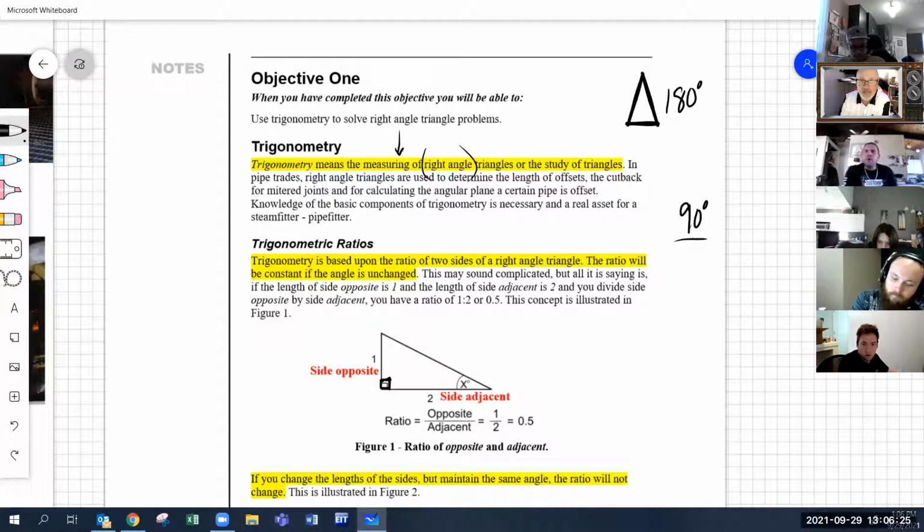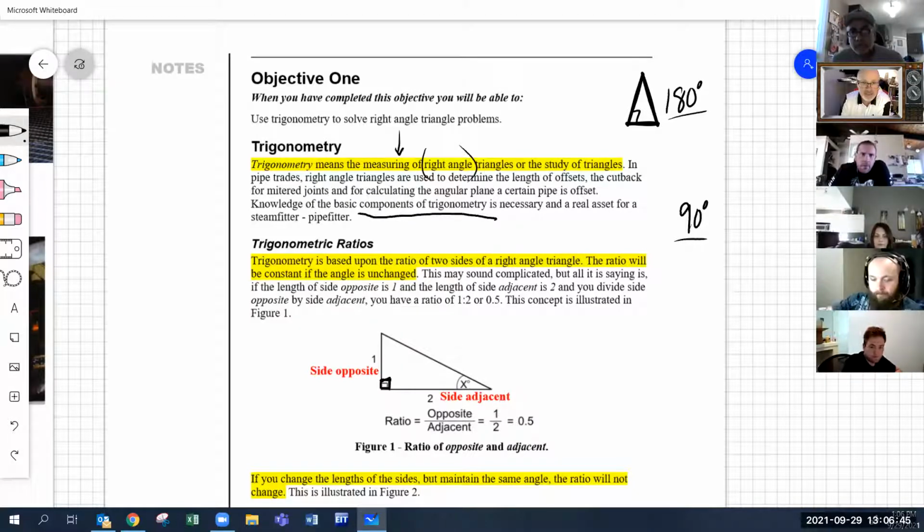Well, that's not a right angle triangle, but a right angle triangle makes up 180 degrees. So once we know two separate angles, we can figure out the other angle. So basic components of trig is necessary and a real asset. And it says for steam fitter, pipe fitter, but I would say for us too.